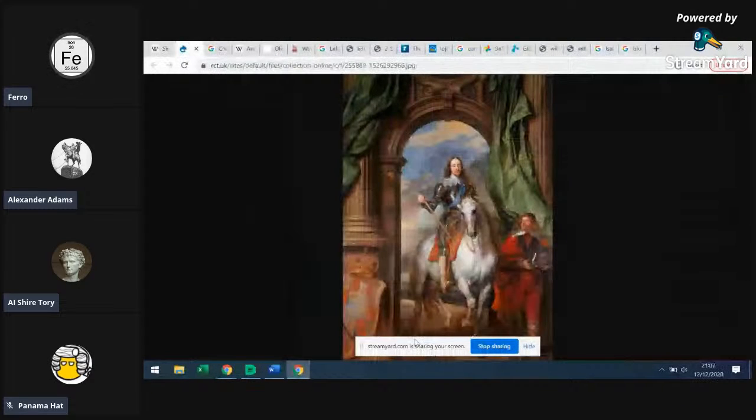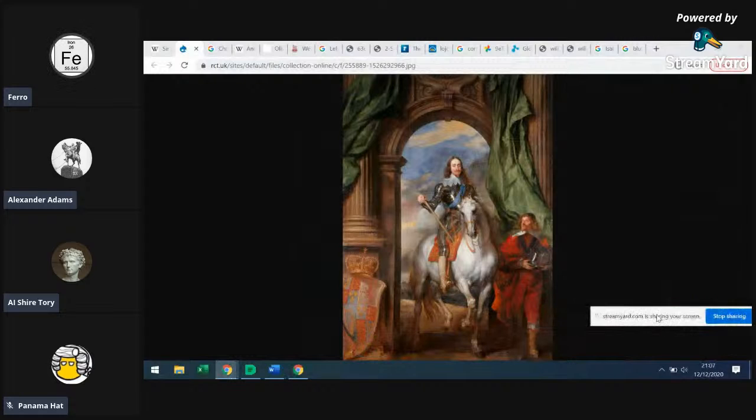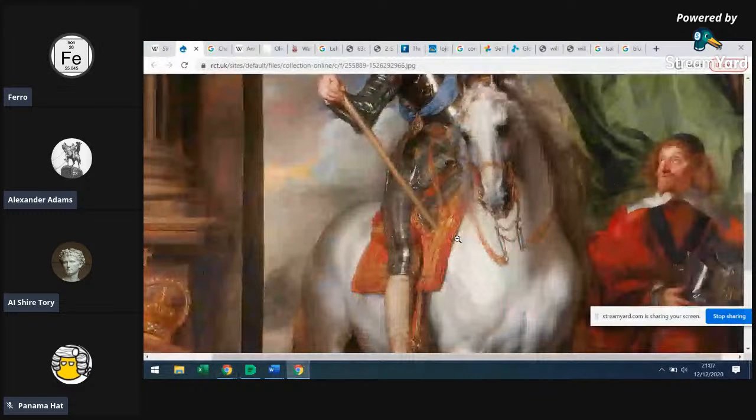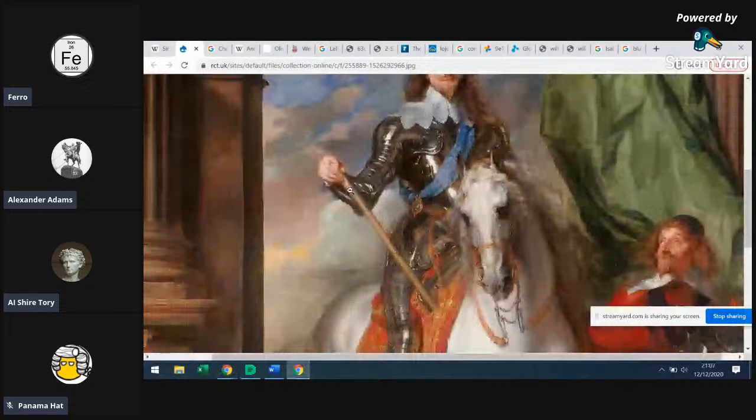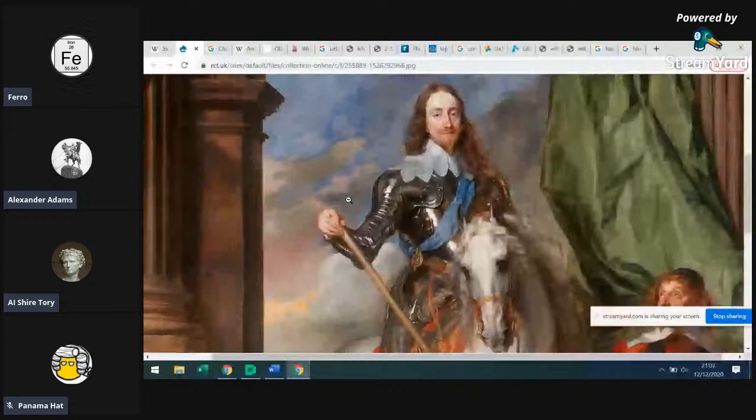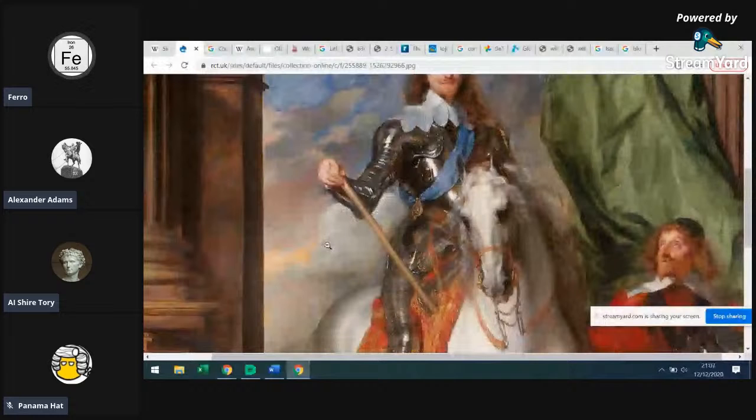Going on from that, we've got quite a few of these portrait paintings at a similar time where you've got the king or the ruler on a horse, again signifying his stature, but also holding emblems. Again, the symbology of the items in a painting is super important. So you can see here Charles with the rod of command.